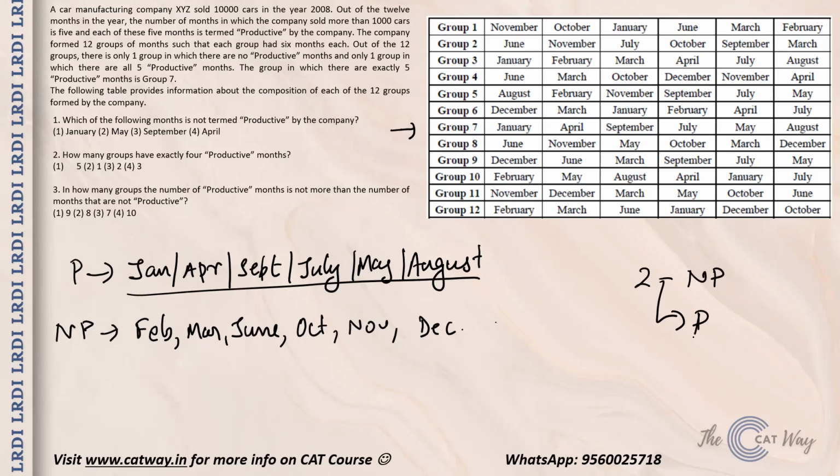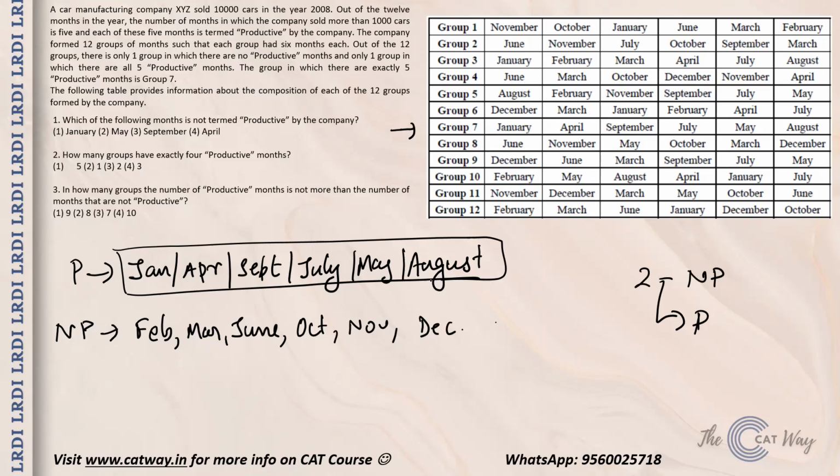So now what we have to identify is the groups in which there are at least 2 months available out of these. With that, we will be able to identify that these groups definitely are not the ones which have no productive months, because if there are two months out of these available in a particular group, then at least one productive month will be available in the group.